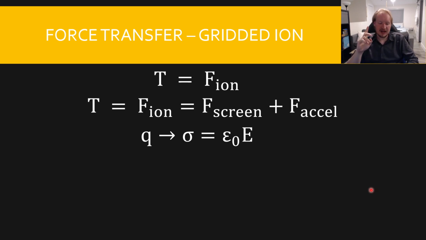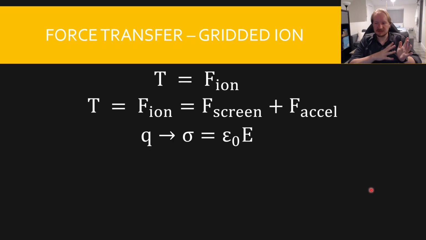But first, because we are working with a bunch of particles and not just one specific point particle, instead of using the charge of that particle, we're going to have to look at the charge density of the plasma.